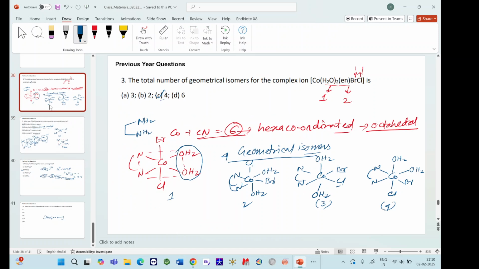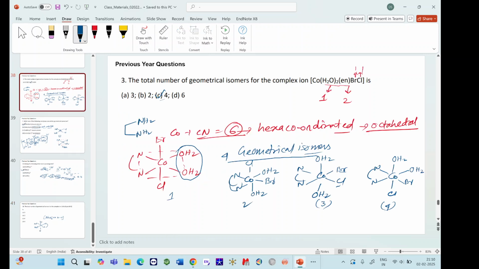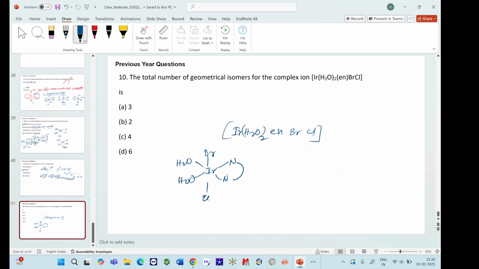Yeah, this will be exactly the same. Instead of cobalt, you just have iridium here, and then you have H2O, ethylene diamine, Br and Cl. So as you can see from the previous question, the correct answer will be 4. So 4 ways it can form the isomers.